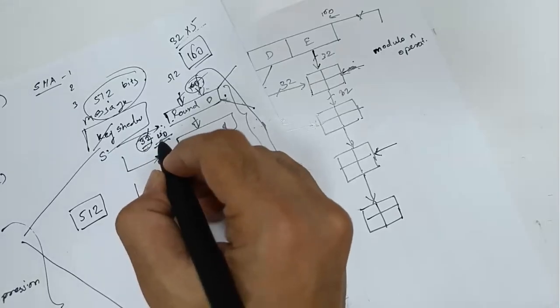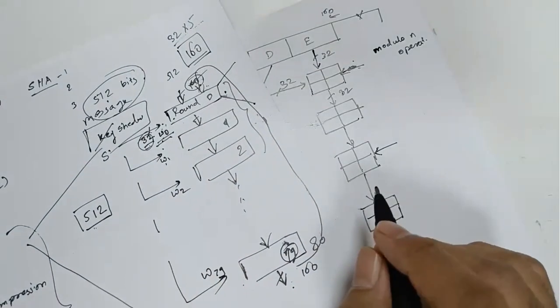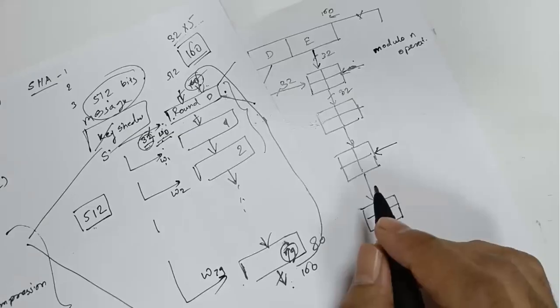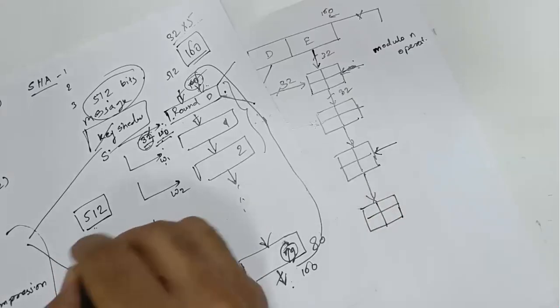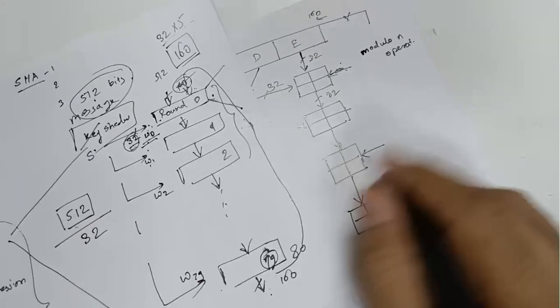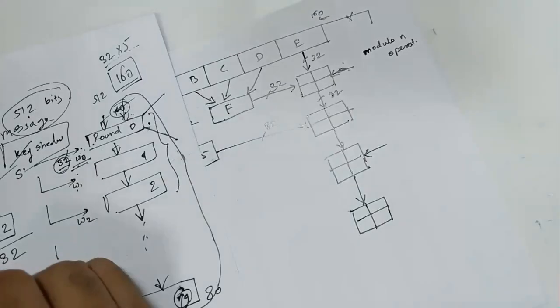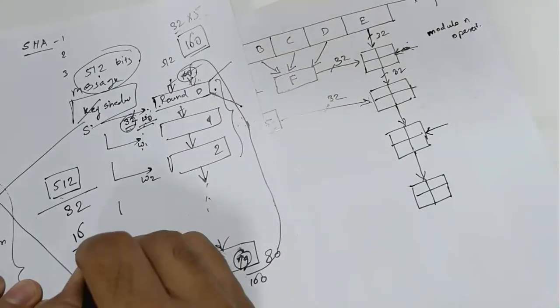How many such words can you prepare out of 512 bits? What's the answer? 16. Okay, 16, right?